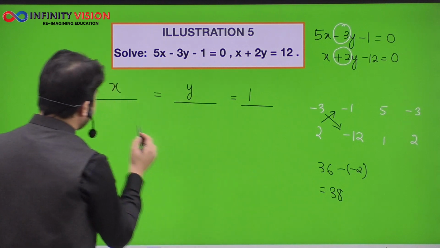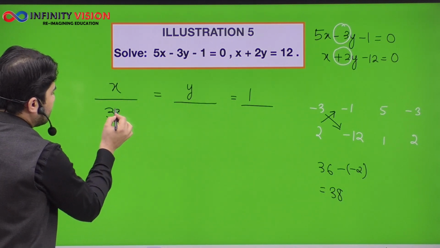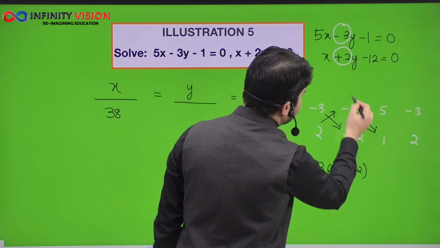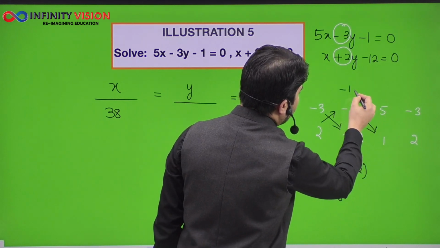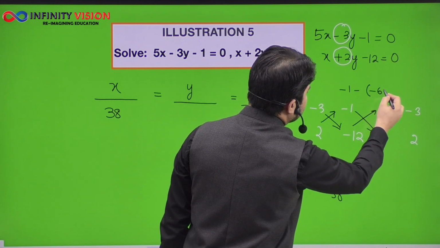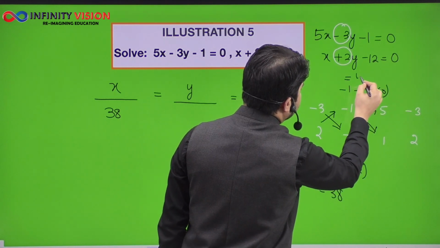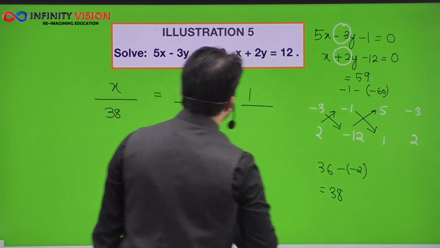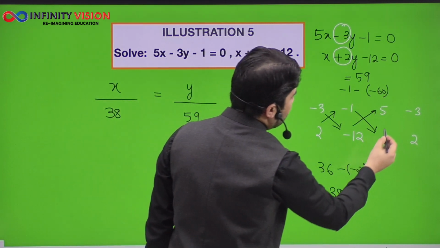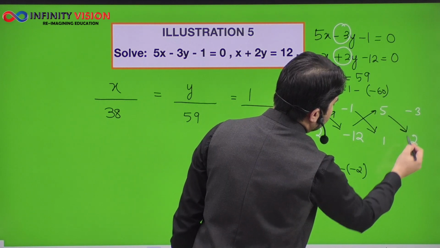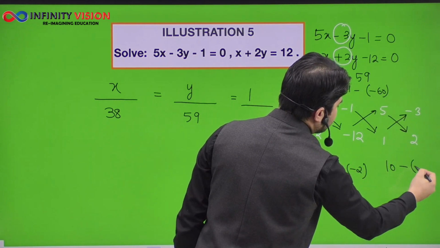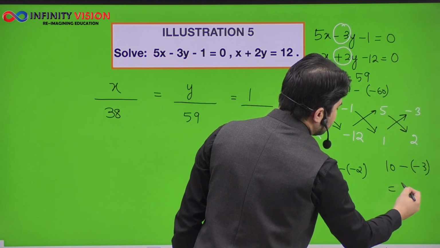So I'll just write x upon 38. For the second term, minus 1 into 1, that is minus 1, minus 12 into 5, that is minus 60, which makes it plus 59, 60 minus 1, that is 59. And for the last one, 5 into 2 is 10, minus 1 into minus 3, that is minus 3, that makes it 13.